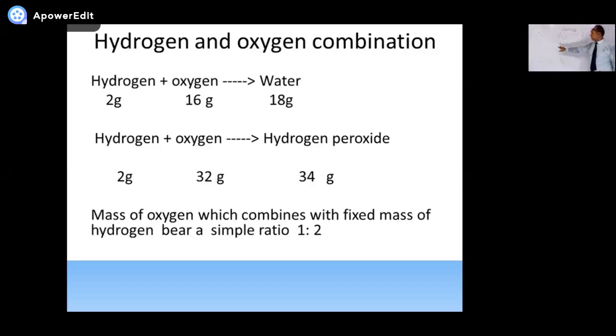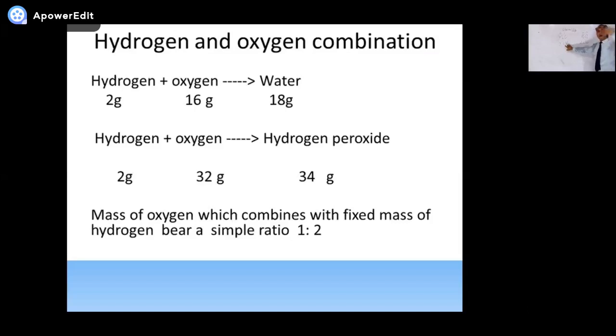What is the mass of hydrogen in this compound? 2. What is the mass of hydrogen in this compound? 2. So the mass of hydrogen is fixed. What is the mass of oxygen in the first one? And in the second one? 16 and 32.